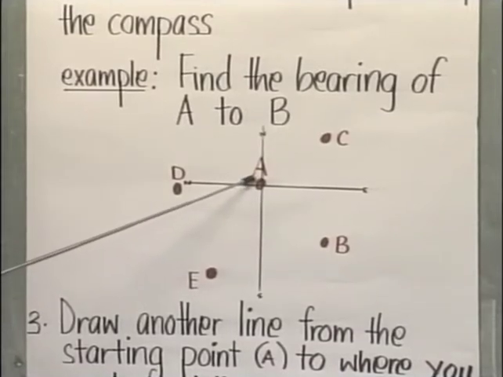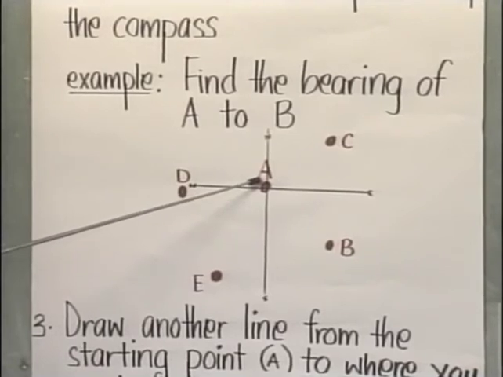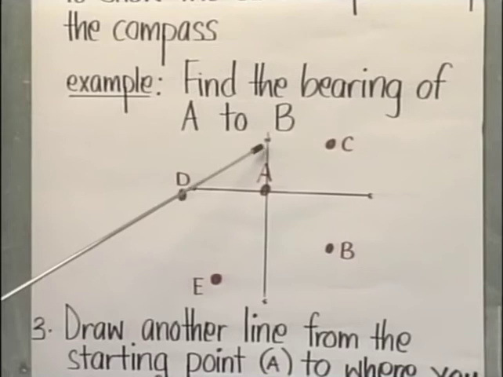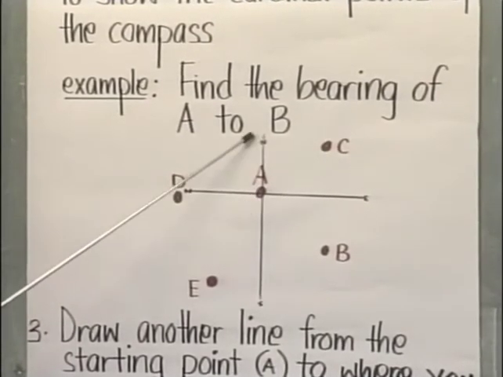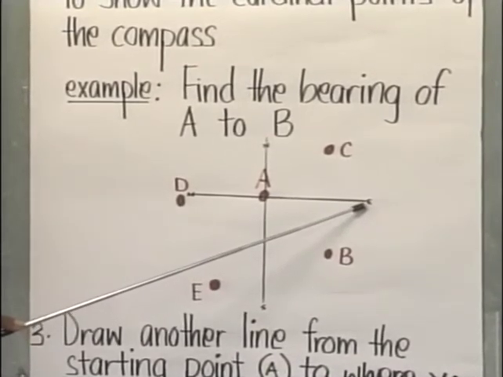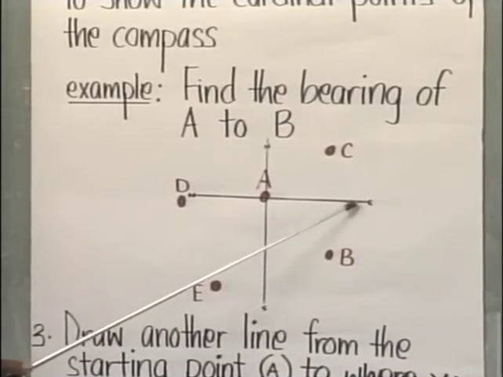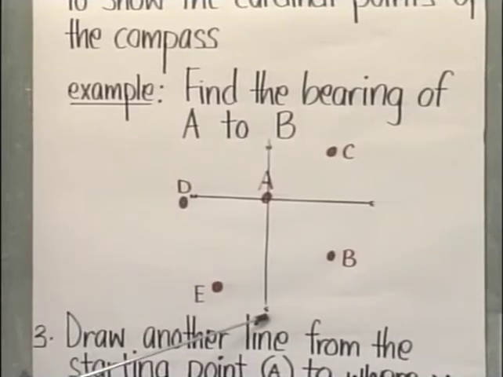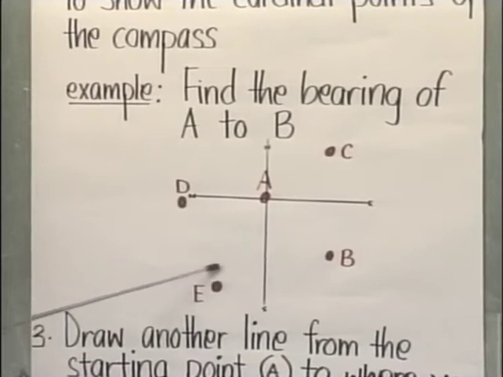And this will help me be able to estimate and also know whether my bearing is going to be correct or not. You see, if the area that I'm finding the bearing of is between the north and the east, my answer should not be more than 90 degrees. If my answer is found along this area here between north, east, and south, my answer should not be more than 180.